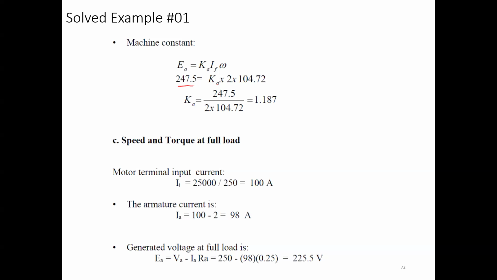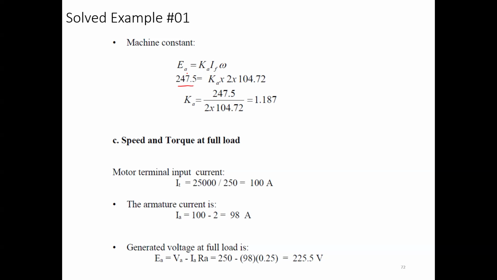However, we can get the variable as a function of the field current. So we can calculate the motor constant dependent on the field current, not the flux. So this is another definition for the motor constant, guys.